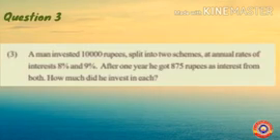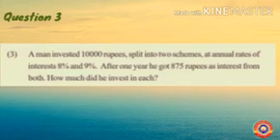A man invested 10,000 rupees split into 2 schemes at annual rates of interest 8% and 9%. After 1 year, he got 875 rupees as interest from both. How much did he invest in each? The question tells that a man invested 10,000 rupees into 2 schemes.